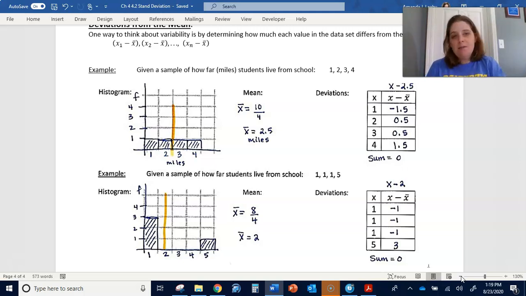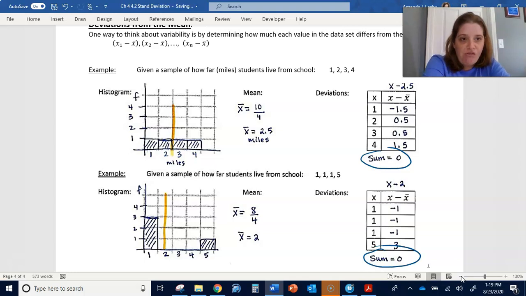So which one has more variability? You might say, we just find all the differences and add them together. If I take x minus 2.5 and x minus 2, we end up with both of these having a sum of 0. So that doesn't really work. If I want to find how different something is from the mean, and I literally subtract and find the differences, I have these differences, but they add up to 0.